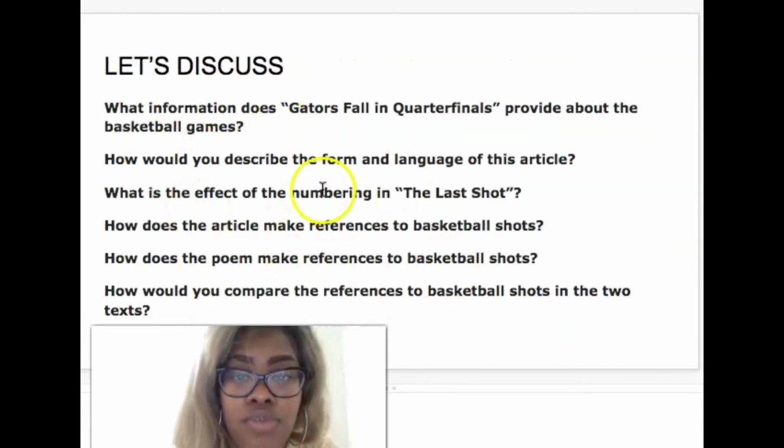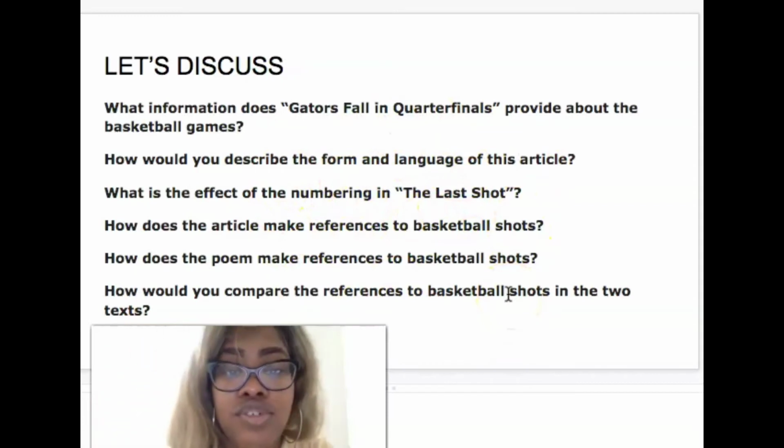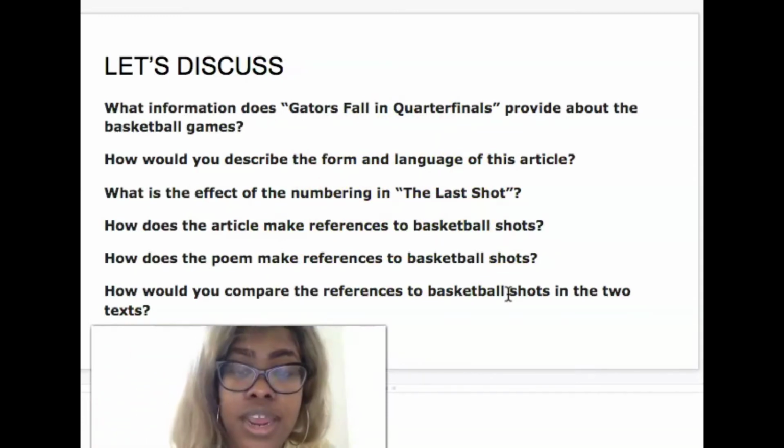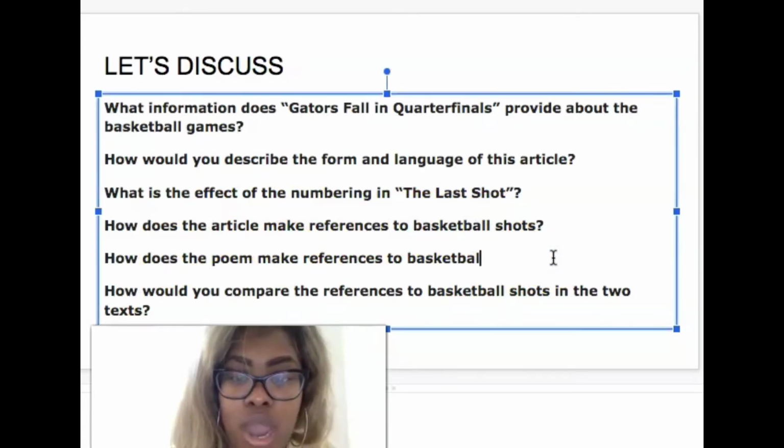Once you have read those, there will be these series of discussion questions inside of Schoology. Think deep when answering these questions and provide as many examples as you have. How does the poem make references to basketball shots? How does the article make references to basketball shots? Look, I have it typed twice.